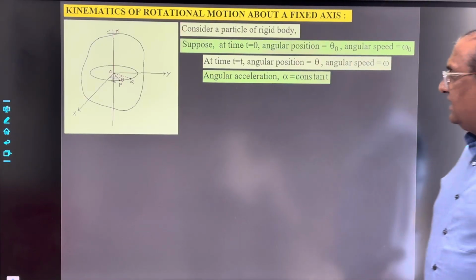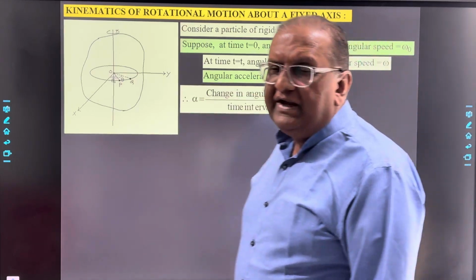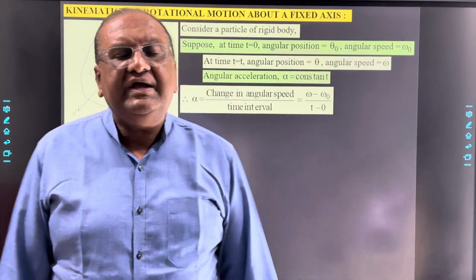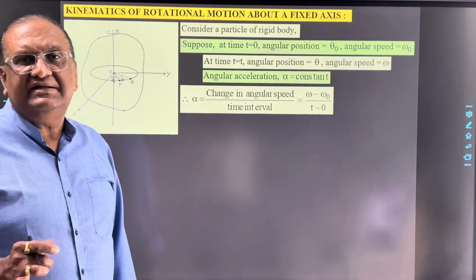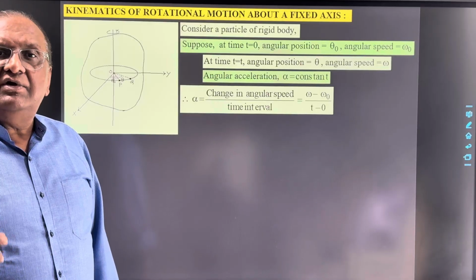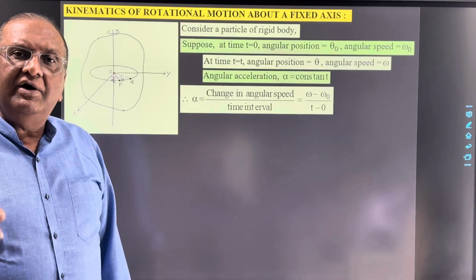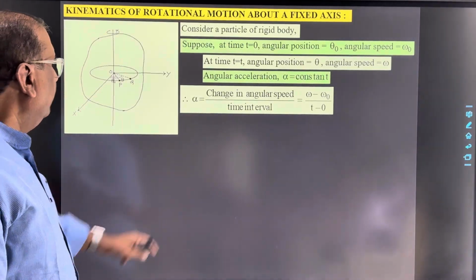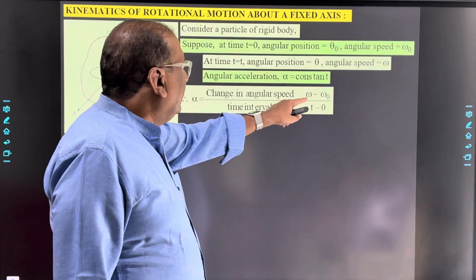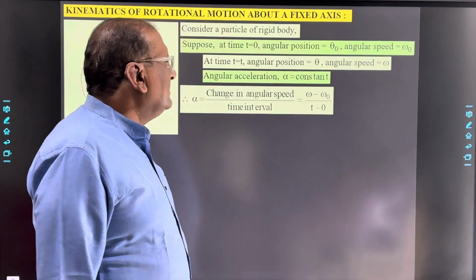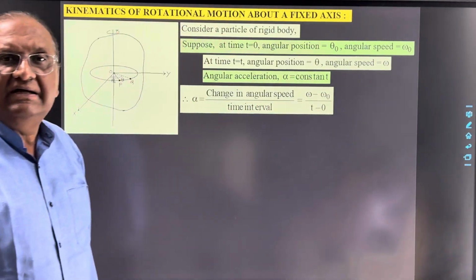Now, as per the definition of angular acceleration, it is the change in angular speed upon time interval. So we can write alpha equal to omega minus omega 0 upon t minus 0.